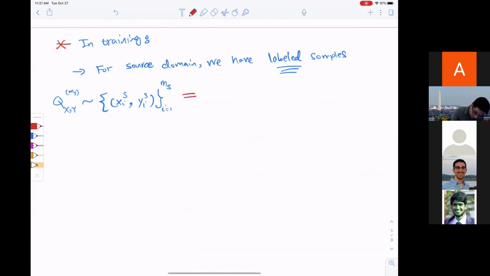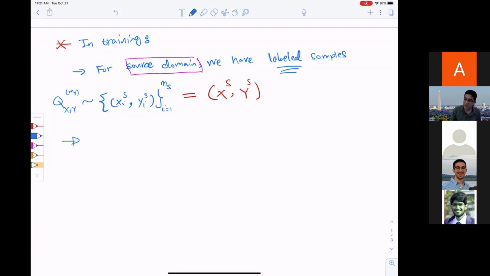I may represent them by just capital X_S and capital Y_S, the whole set of labeled samples coming from the source distribution, just for simplicity in some of the formulations. Okay, so that was about the source domain.